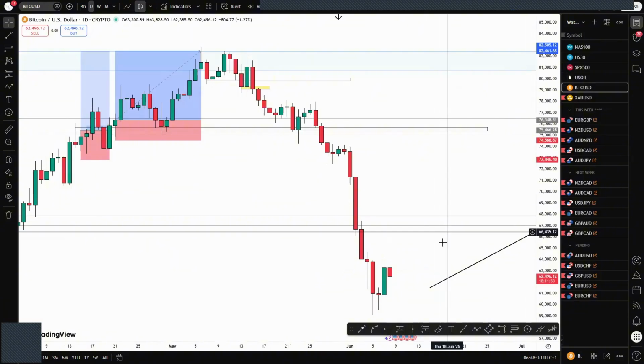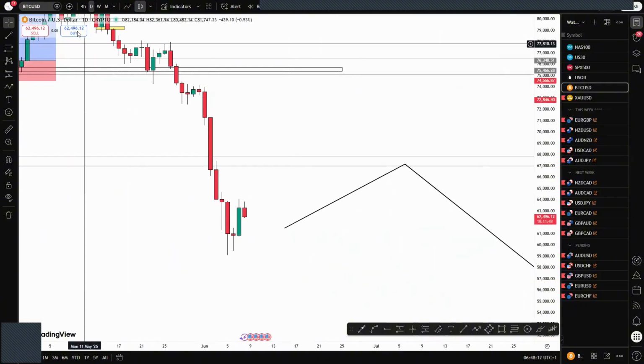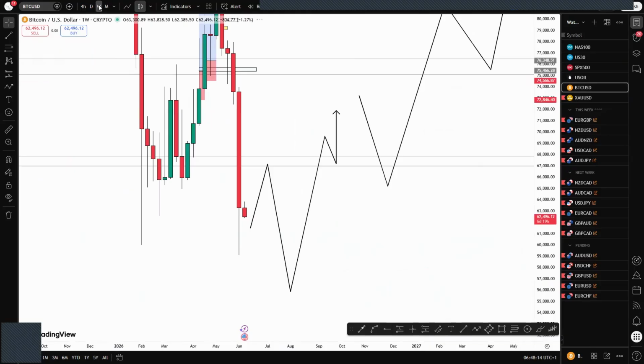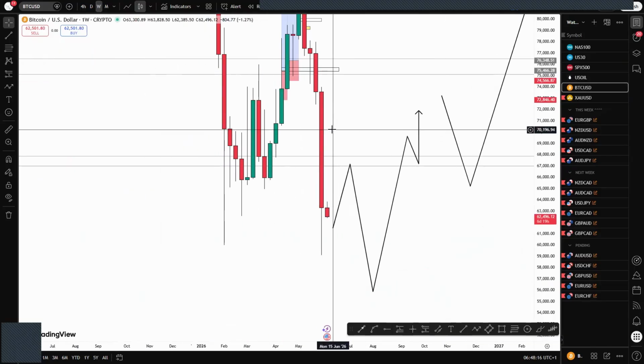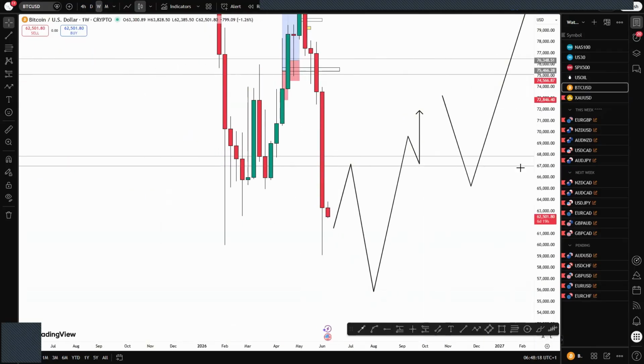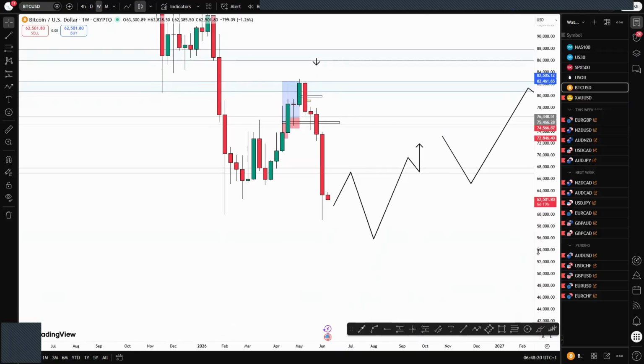Bitcoin, we need now price to shift on the weekly time frame. Then I'll be ready to start participating in these buys. Anyway, see you in the next session.